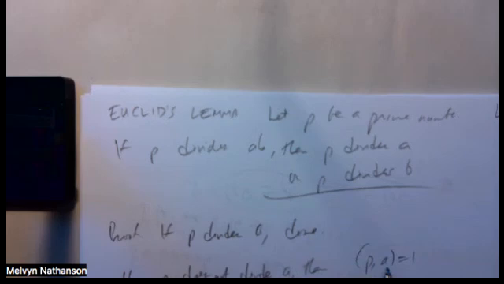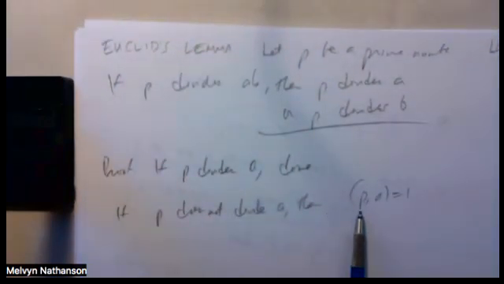Because what is the greatest common divisor of two numbers? It's the largest integer that divides both of them. Now, P is a prime. To say that P is a prime means that the only divisors are itself and 1. So the only divisors of P are 1 and P. So the greatest common divisor can only be 1 or P. But if P doesn't divide A, the greatest common divisor is not P, so it has to be 1.